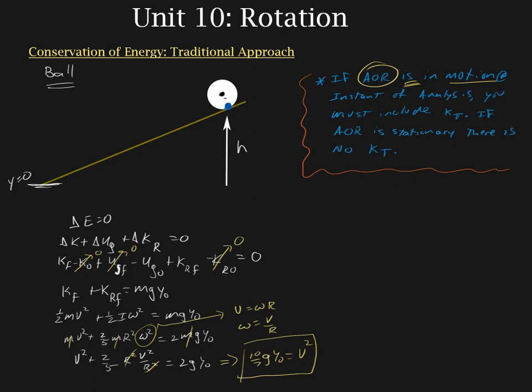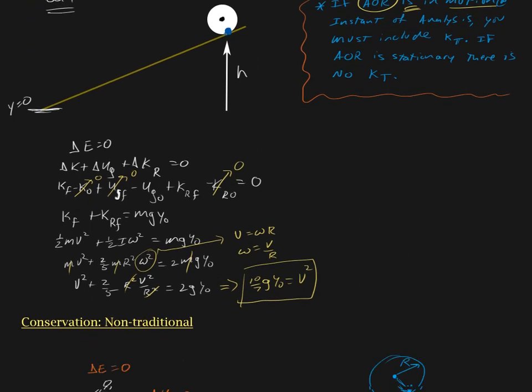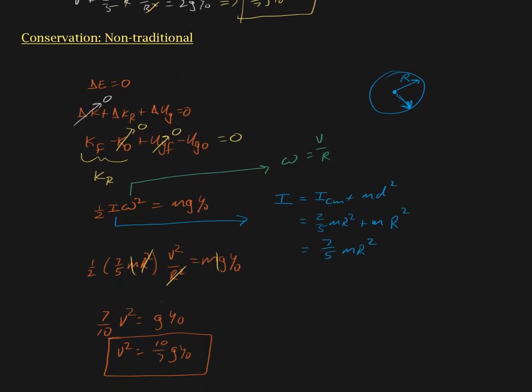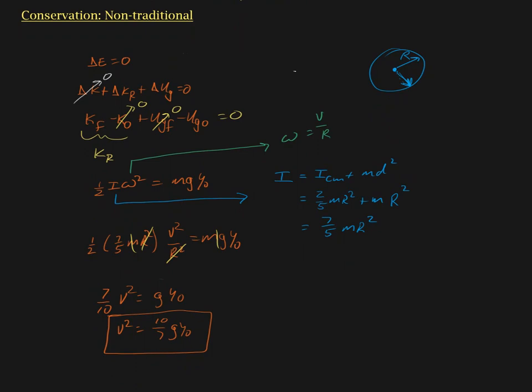In one approach, the axis of rotation was in motion because it was at the center of the ball for the instant in which we were studying the object when we diagrammed it. And that led us to this expression of 10/7 gy equal to v squared. And then we went on to do a less traditional approach where we did not need to use translational kinetic energy because we used the point of contact as our axis of rotation.